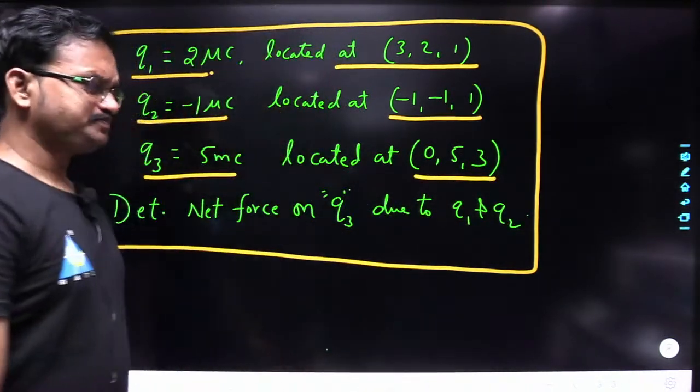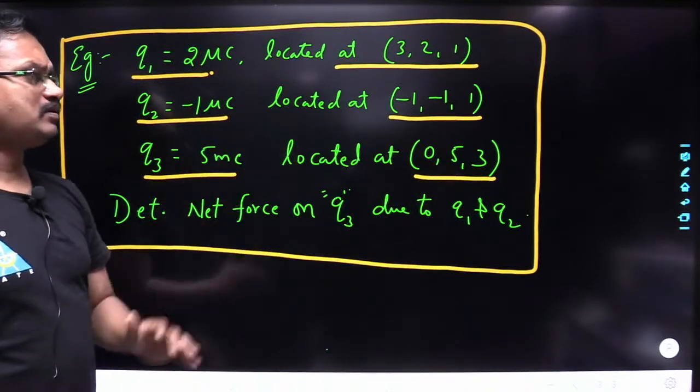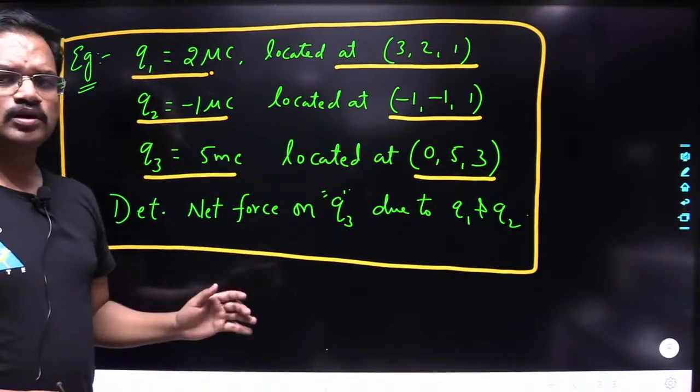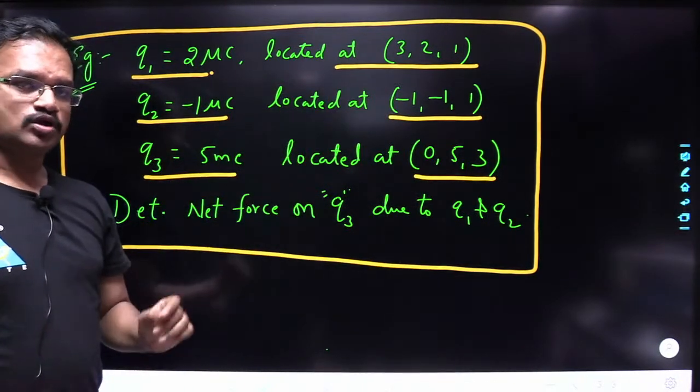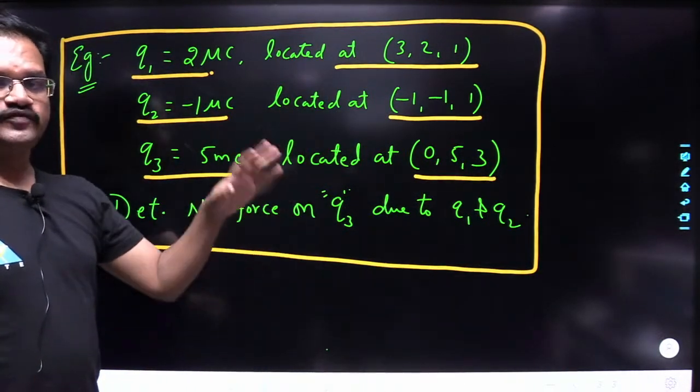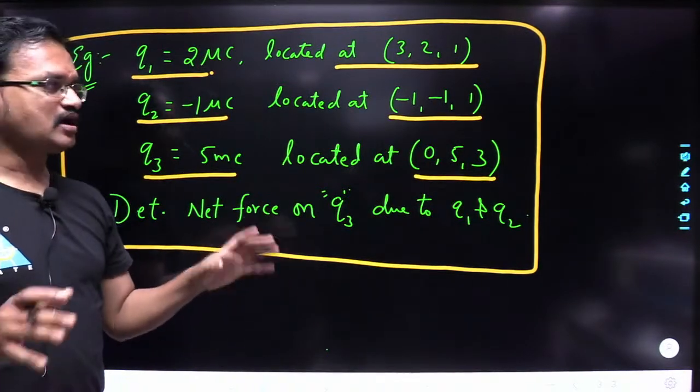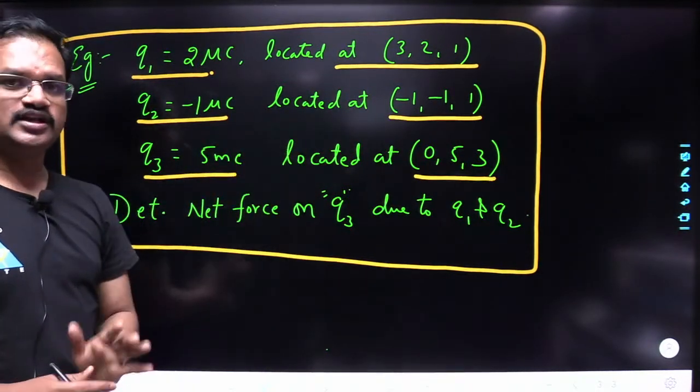Understood? Whenever they have asked a problem like this, don't try to draw the coordinate axis and try to locate these points here. Your time will get wasted if you try to draw the coordinate axis and locate these points. It is not at all needed.